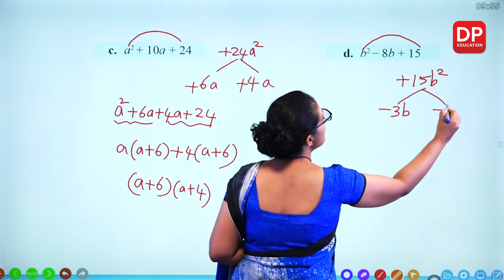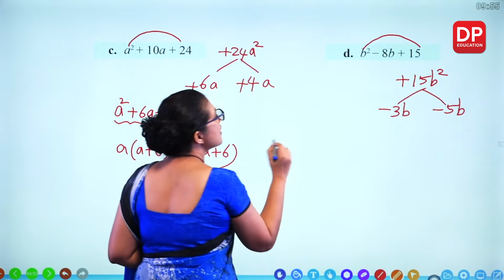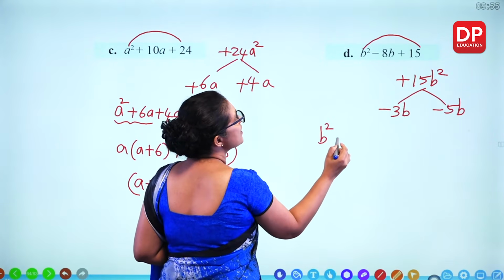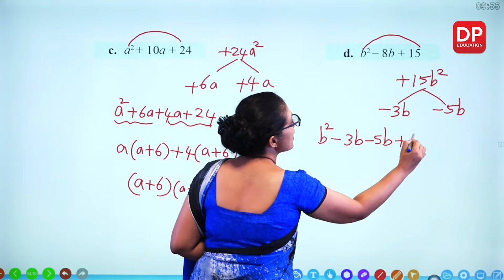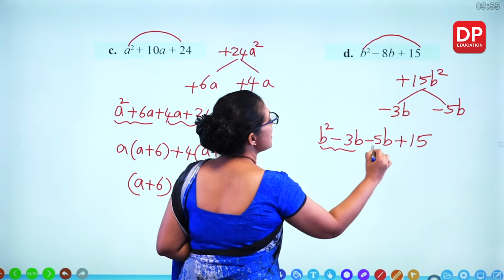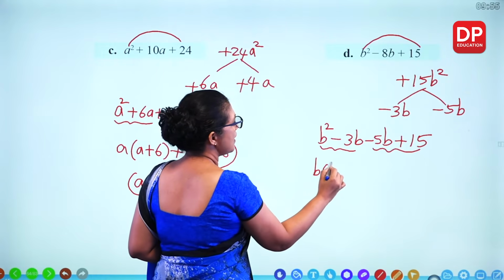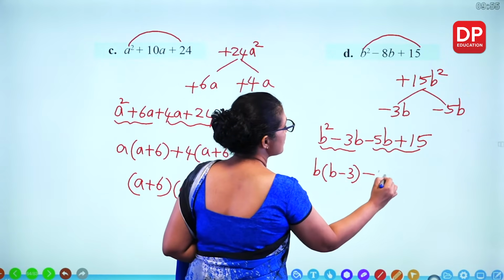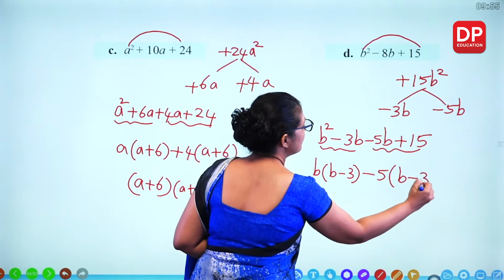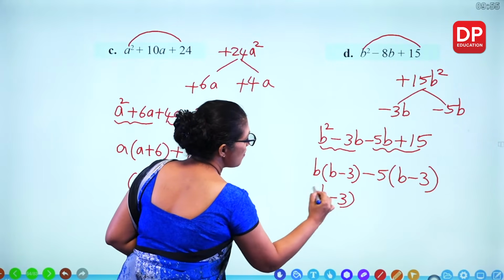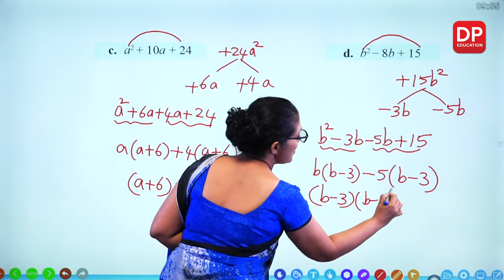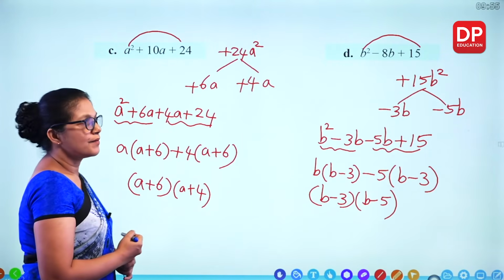So you can get minus 3b minus 5b plus 15. Take 2 at a time and factorize. Minus minus plus. So b minus 3 is common. You get b minus 5.